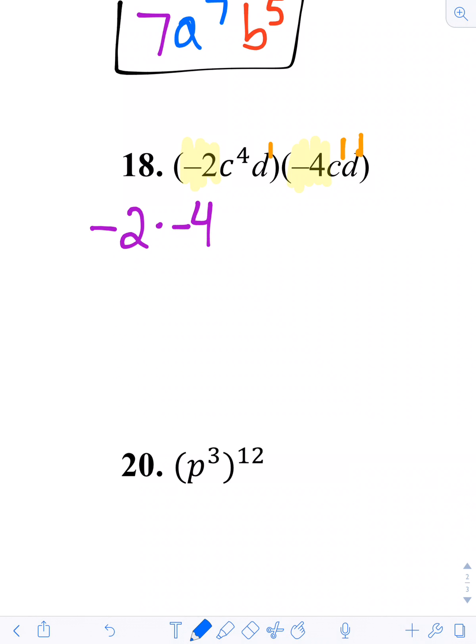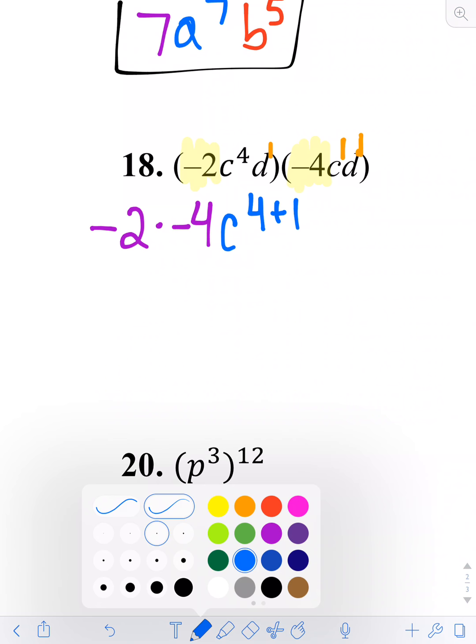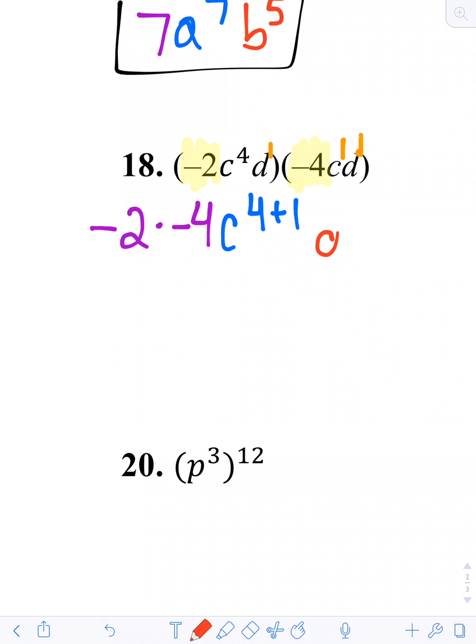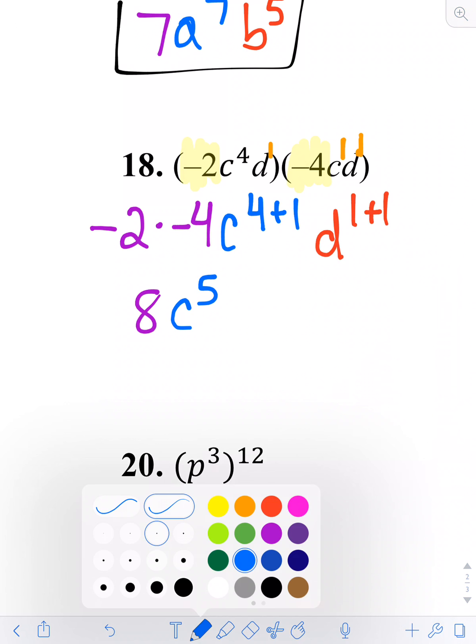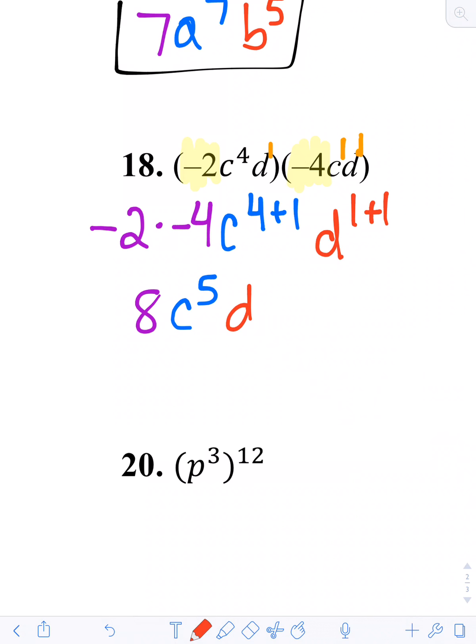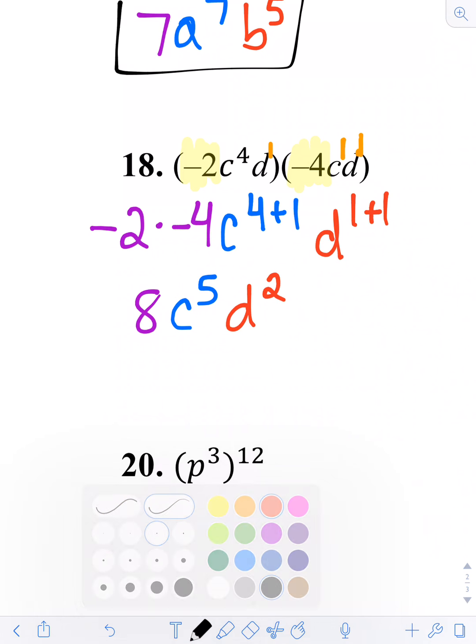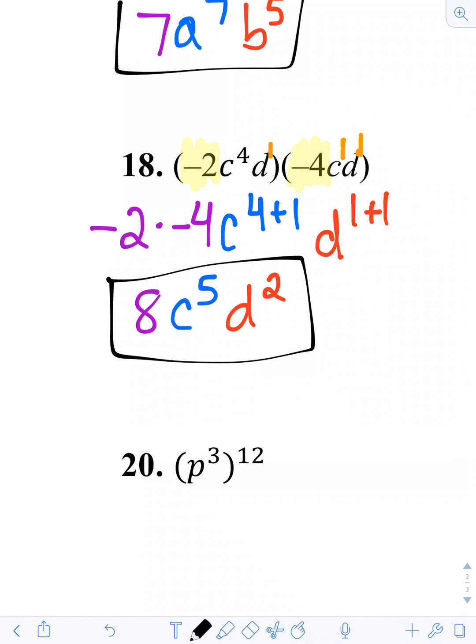First I have c. My exponents are 4 plus 1. And then I have the letter d, and my exponents are 1 plus 1. So I'm going to simplify this. Negative 2 times negative 4 is a positive 8. C, 4 plus 1 is 5. D, 1 plus 1 is 2. So 8 times c to the 5th power times d squared is my final answer.